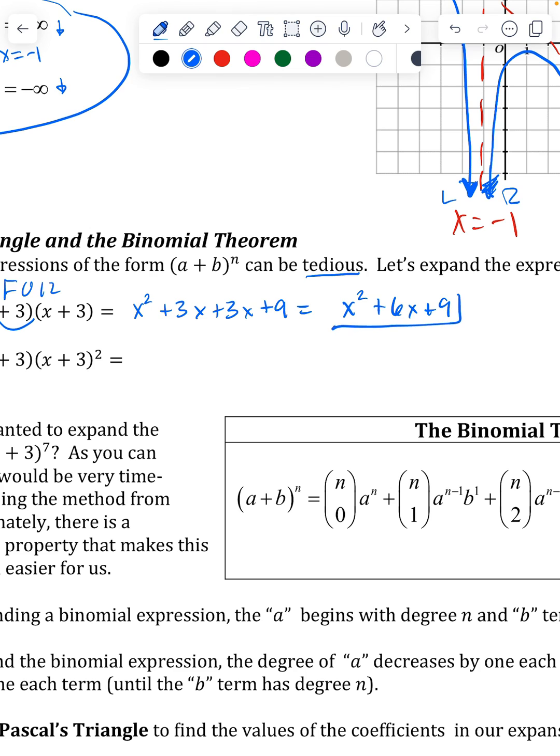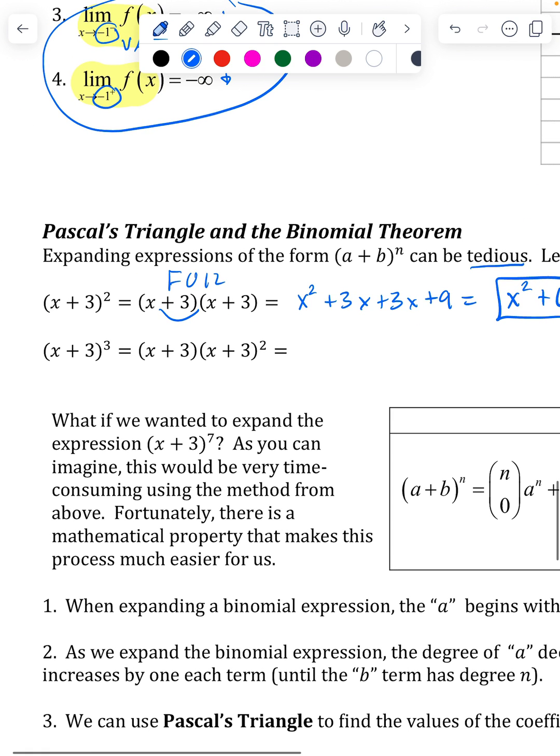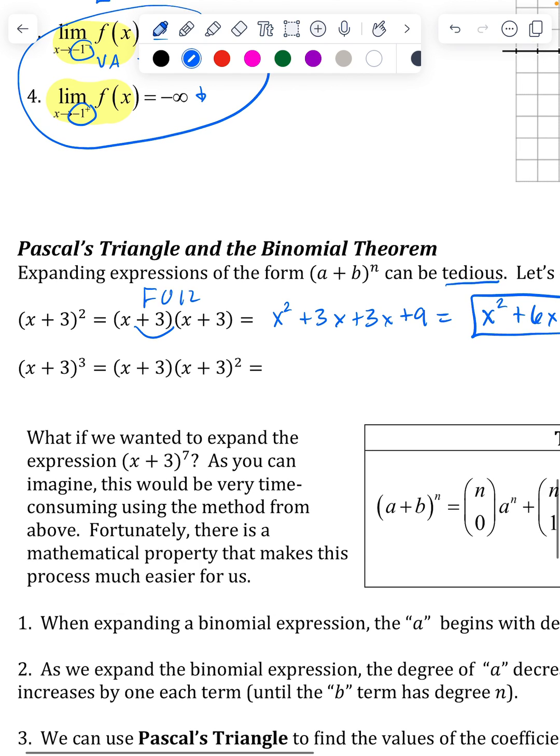That is not terrible, but it would get terrible if I had to start doing higher order multiplication, because I would have to FOIL, which we just did up here. And so we'd end up taking x plus 3 times what we just got.